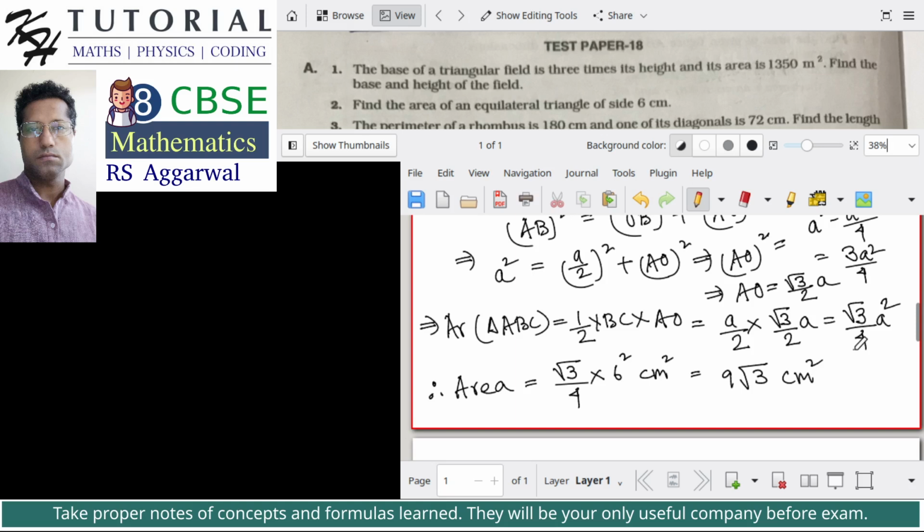So let me check the answer. It is 9 root 3 centimeter square. So this is an important formula. You must remember that for an equilateral triangle, if the length of each side is A, then the altitude is root over 3 by 2A and the area becomes root over 3 by 4 A square.